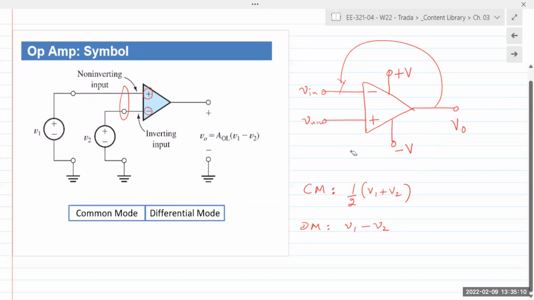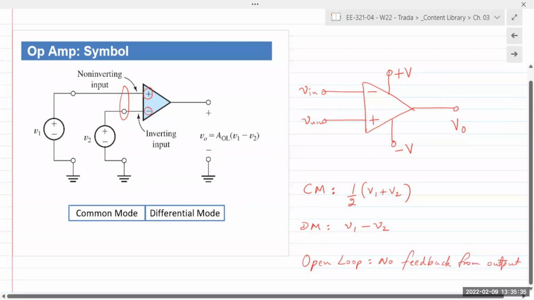So absent any feedback, we say that the op-amp is operating in open loop mode, meaning no feedback whatsoever from the output terminal.